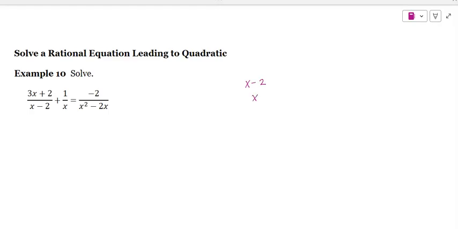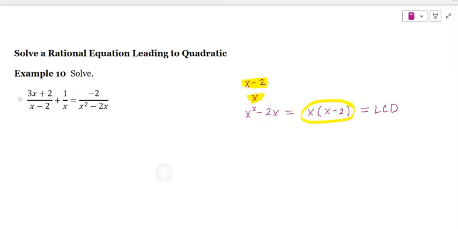We have an x as one of our denominators. And then we have x squared minus 2x, which factors into x times x minus 2. So it seems like if we multiply by this, it should cover all of the denominators because it's got these other two sitting here. So we think that this is going to be our LCD.